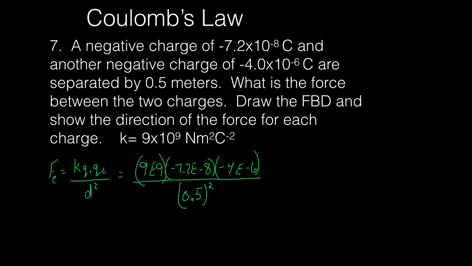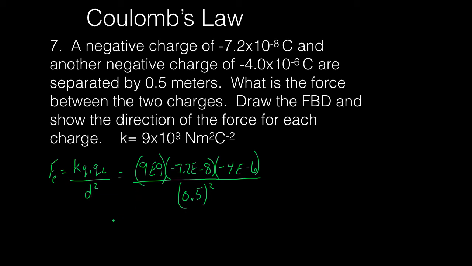Okay, and so I'll put this in my calculator. 9 times 10 to the 9th times a negative 7.2 times 10 to the minus 8th times a negative 4 times 10 to the minus 6th. And we're going to divide that by the distance between them squared, which is 0.5 meters squared.